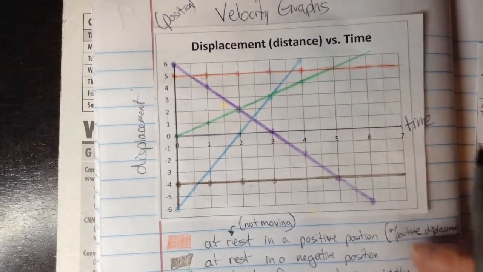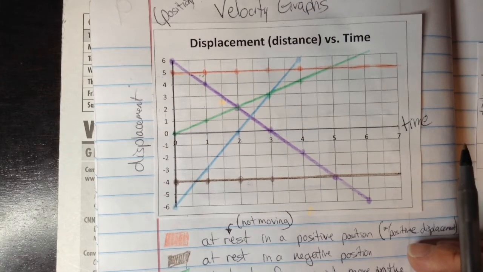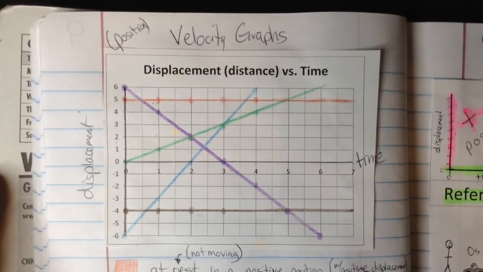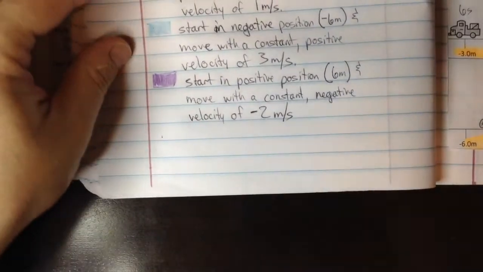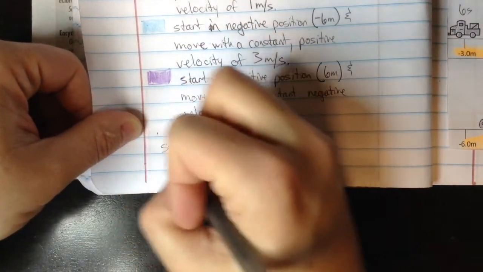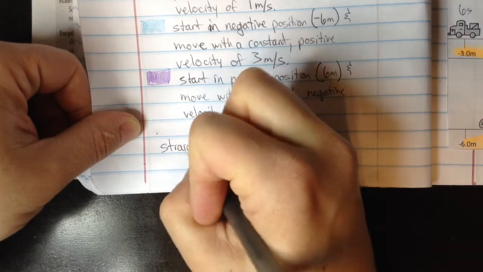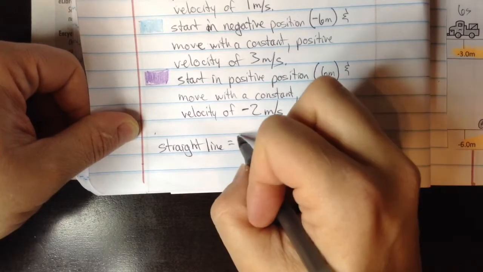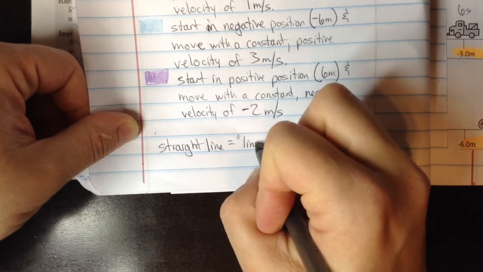Okay, now one little note I want to give down here at the bottom. It's going to be very, very helpful. If it's a straight line, we call that linear.